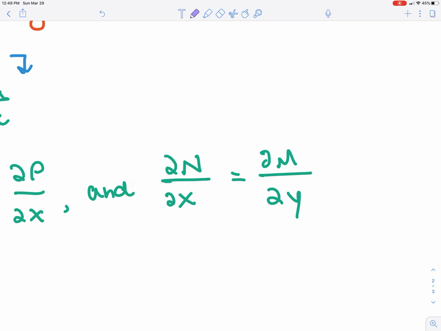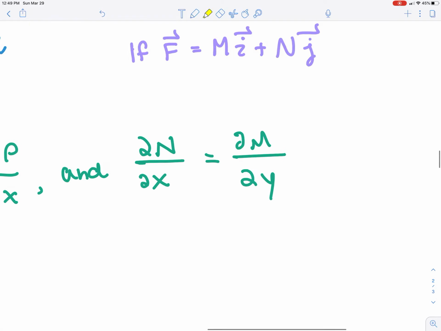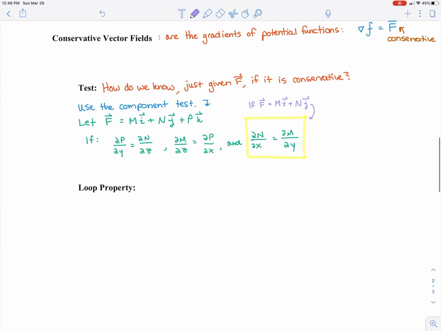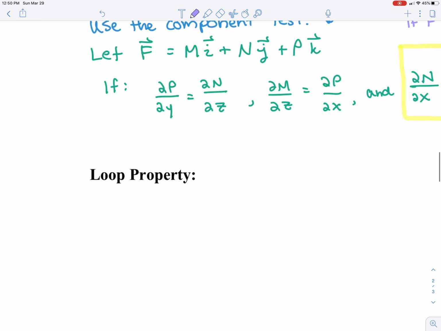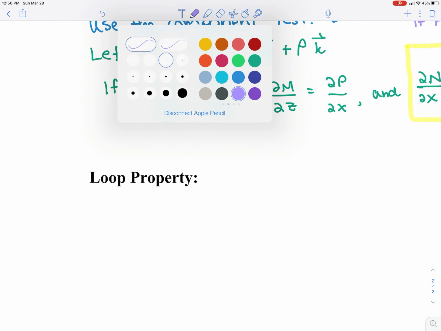If F is equal to just Mi plus Nj, then our test is just this last one. But if it is a three-component, then all three equalities must hold. So if all three are equal, it is a conservative vector field.